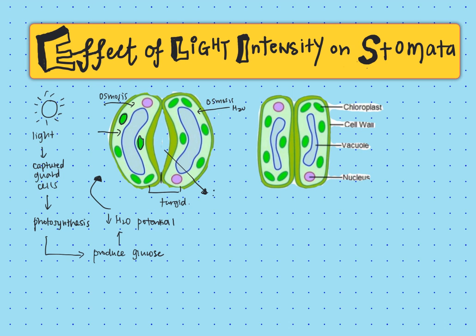Finally, therefore, the stomatal opening will increase in size. But there is a possible shortfall of this. If you continuously do this, the stomata opening will also cause an increased rate of transpiration. So this is basically kind of a two-edged sword that you need to be careful about.